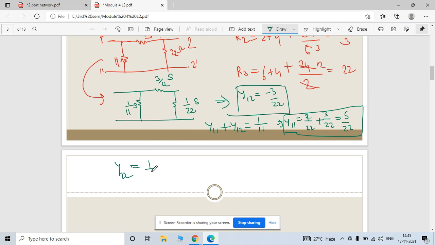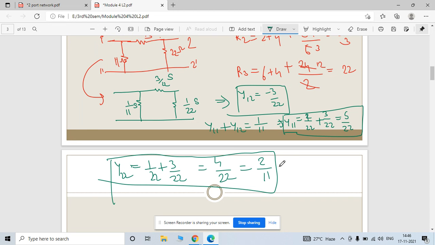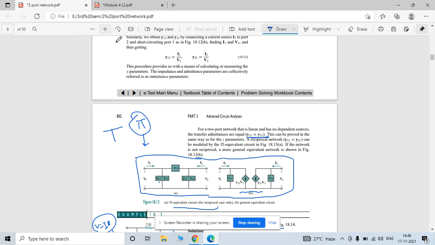So this is nothing but 1 by 22 plus 3 by 22. When you solve it, you will get 4 by 22, that is 2 by 11. So these are the values. When you solve in fraction form, you will get the same value. You can just verify this value as well.